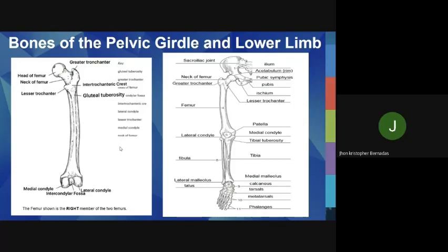Next, for the lower limb, we have the sacroiliac joint, and for number one, we have the ilium. Under it, we have the acetabulum rim.